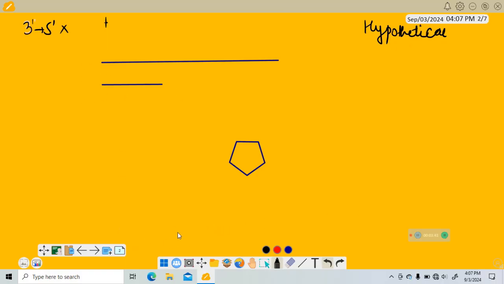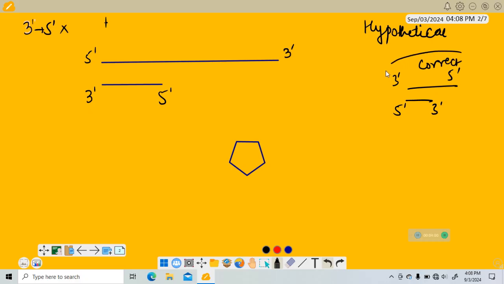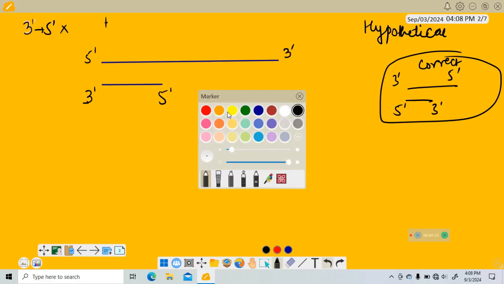Earlier I had drawn it 3' to 5' here. Now I am changing the directions. Earlier I wrote 3' to 5' and 5' to 3'. That was the correct scenario, but this one is actually the wrong scenario. But let's say I'm taking a hypothetical situation, if it goes from 3' to 5', how is it possible to take place?